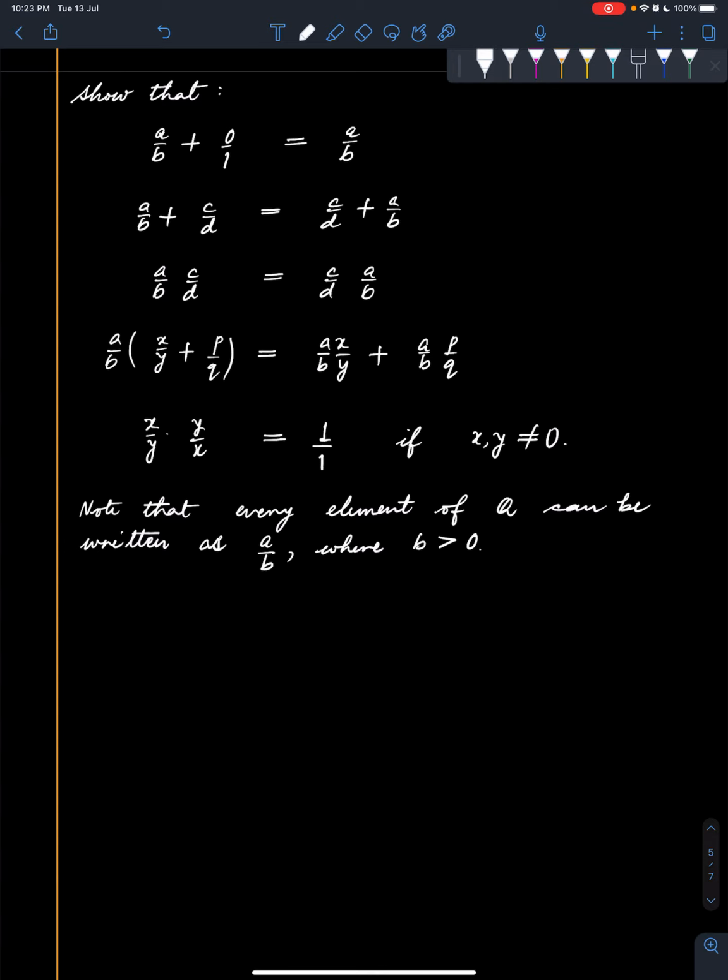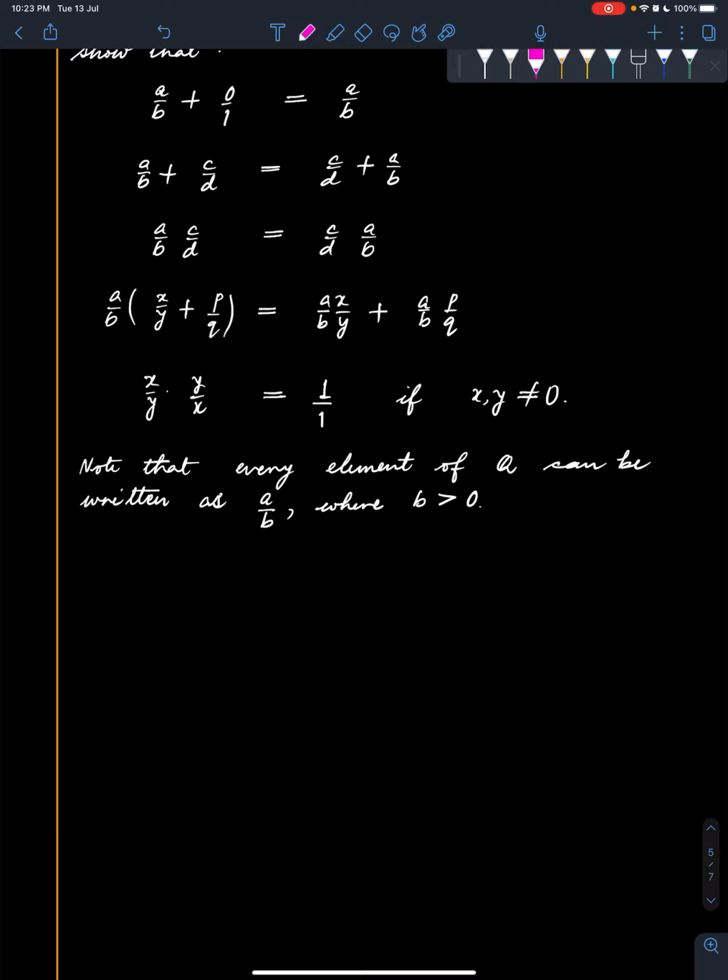Why is that? Because suppose what we have is something like, let's say, 2 by minus 3. My claim is that this is nothing but minus 2 by 3. And this is not much of a claim, you just cross multiply and you get it. So basically, whenever you see a negative in the denominator, you can just push it up. So you can write everything in this fashion where the denominator is positive.